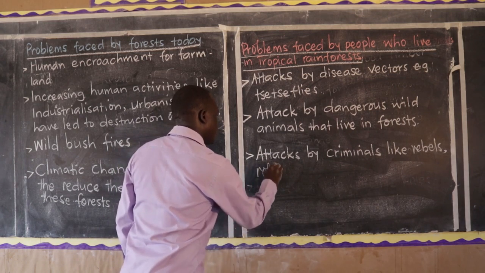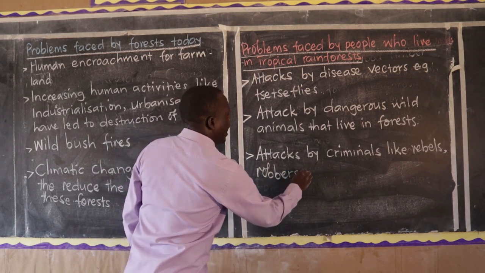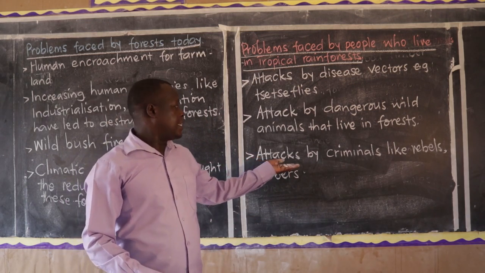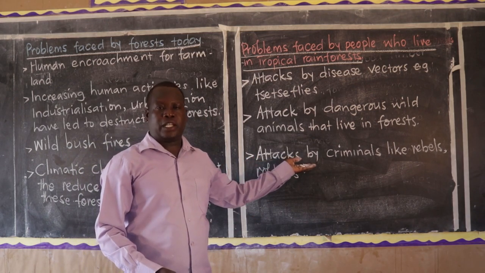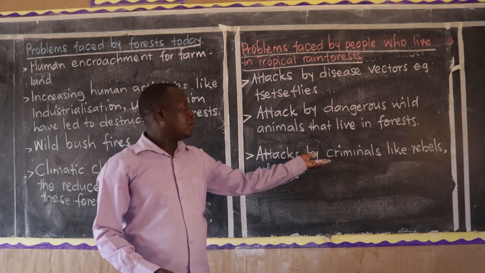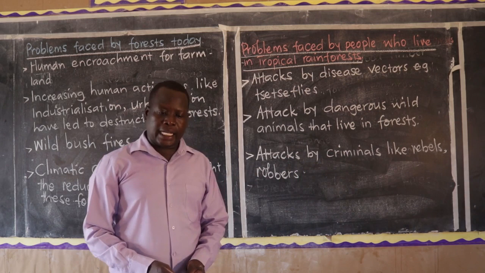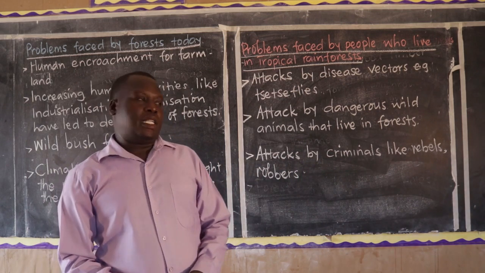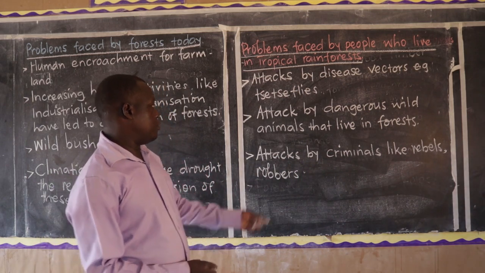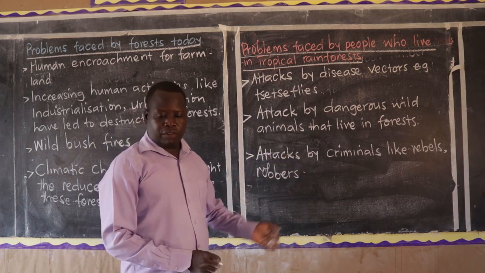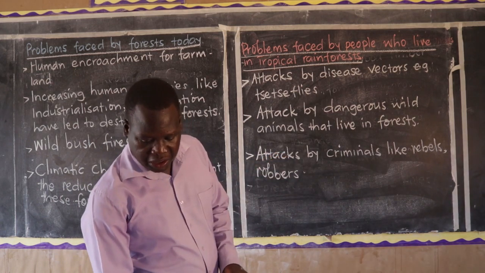They might rob you, and many others. Here we can also look at the example of the Congo forests. There have been great rebels there, and those people have attacked very many people in that area, because this forest provides them a good area to live and carry out their activity.